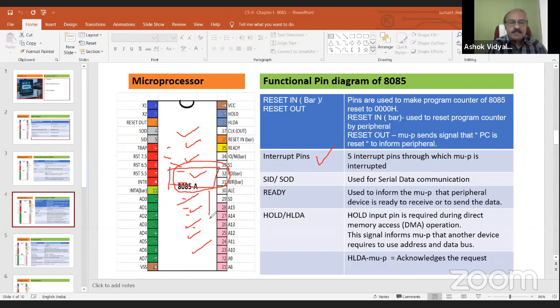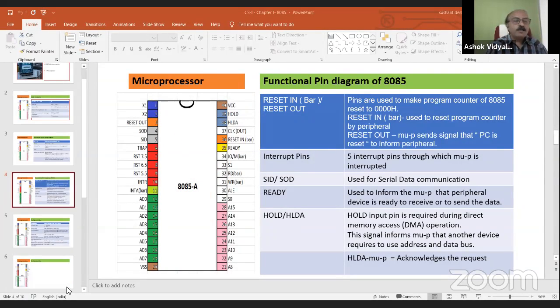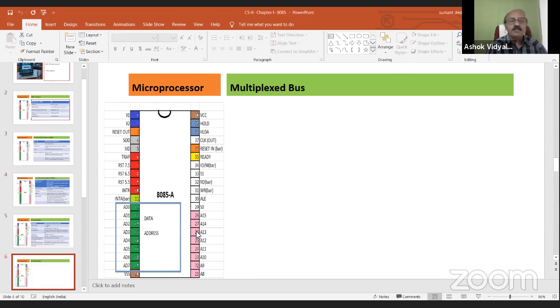Then, instead of continuing the work, you will go to the door, receive the people, and then resume your work again. This is the concept of interrupt. Let me explain it in a very simple way.